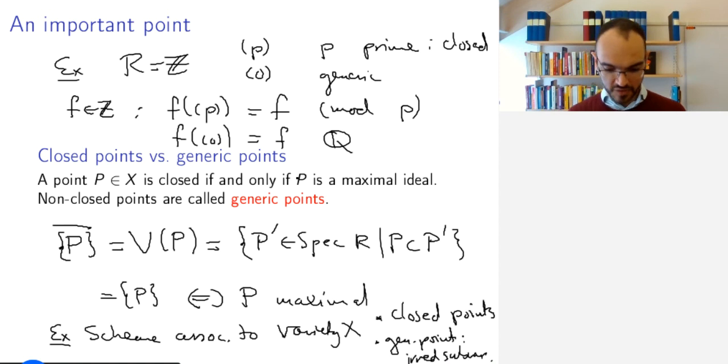So I have not evaluated it at a specific point, rather I have looked at f generically somehow. Or in the case of varieties, I am evaluating a function on a generic point as an element of the field of fractions, or field of rational functions, on an irreducible subset. So this is somehow something that's defined generically on the variety.